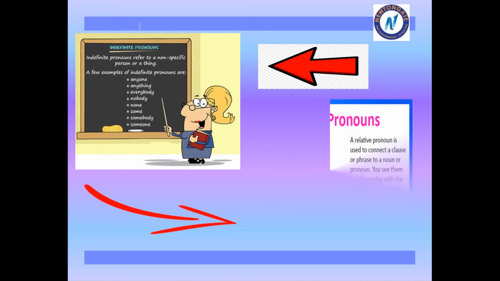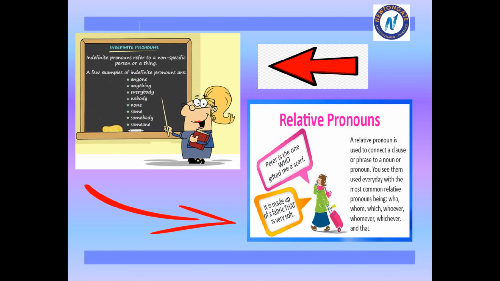Now, the next part is indefinite pronoun and relative pronoun. Now, which one is an indefinite pronoun? See, indefinite pronouns refer to a non-specific person or thing. Examples of indefinite pronouns are anyone, anything, everybody, nobody.